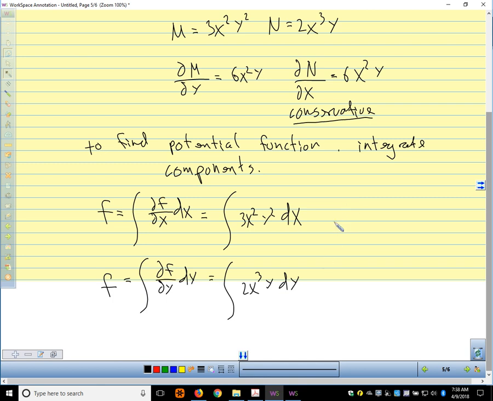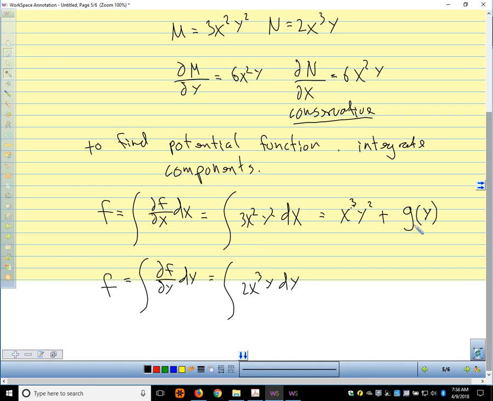And the reason we set up two integrals, I'll show you in just a second, but we have to be careful. When we integrate this, what do we get? x cubed y squared plus a constant with respect to x. The constant can be a function of y, because this is a two-variable function.